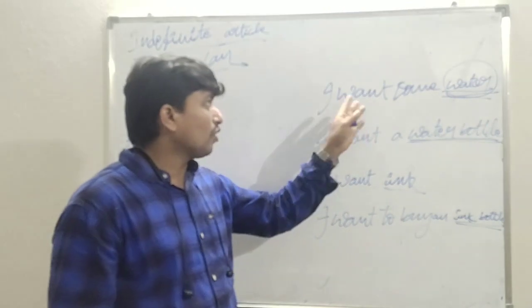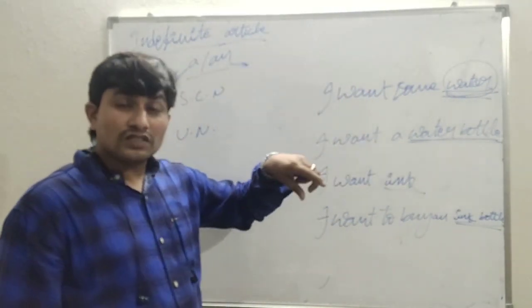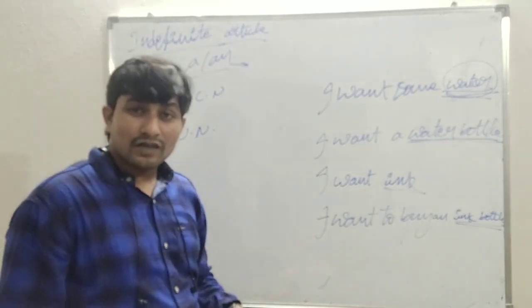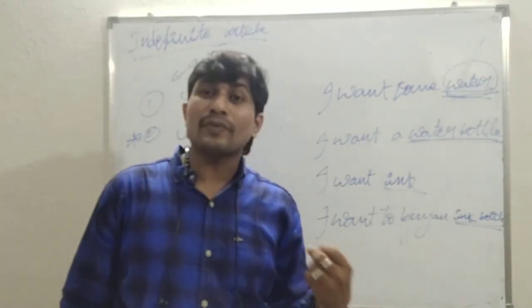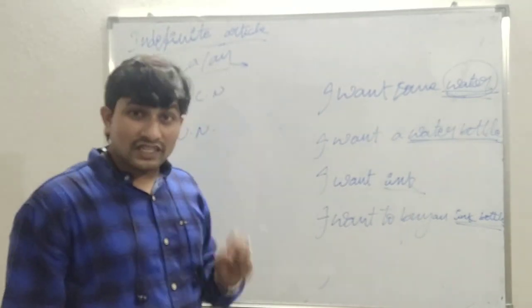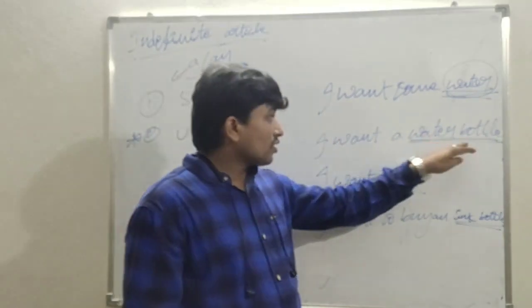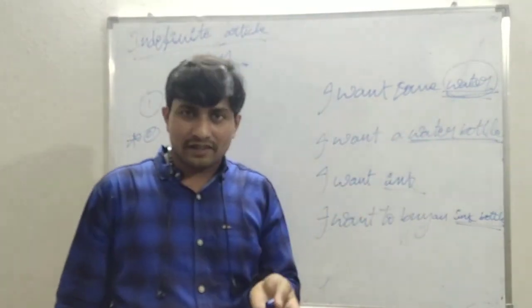So I want wood, I want to buy wood, enough. I want some water. But see, I want a plastic basket. That is seen here because these are all materials. So I want a water bottle. So regarding measure, how many?